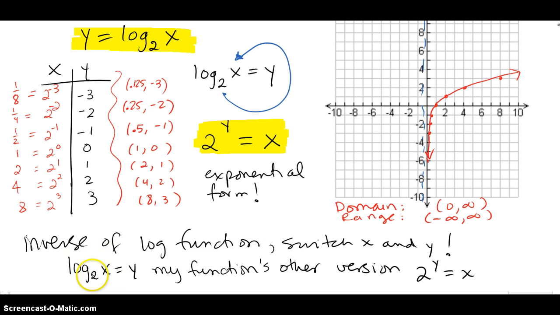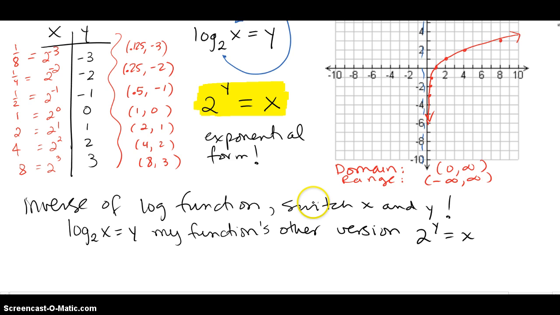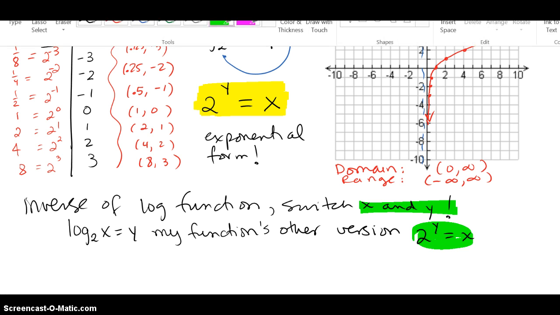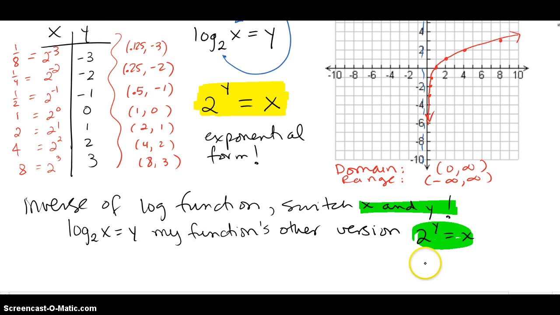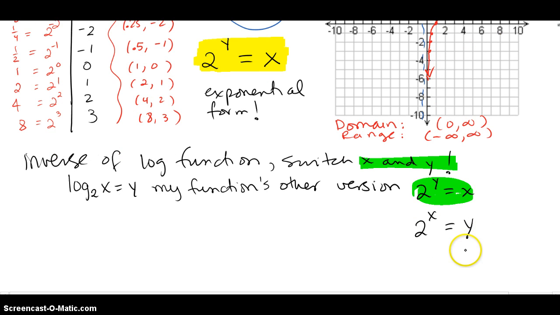So here's my log function, log base 2 of x is equal to y. My function's other version, after I did the circle, is really 2 to the y equals x. Now if I switch the x and y in this one, I'm going to get a function that I'm familiar with: 2 to the x equals y. This is really the inverse, because I switched x and y and it's already solved for y.